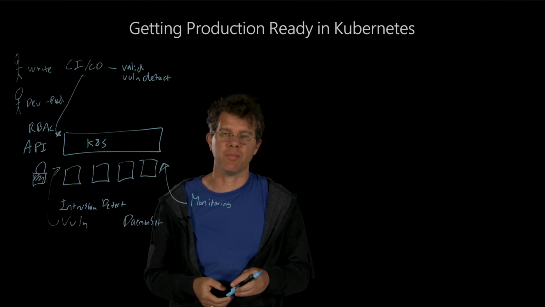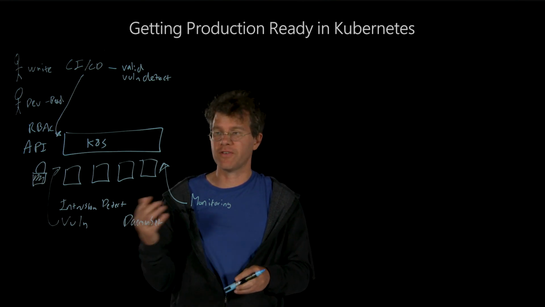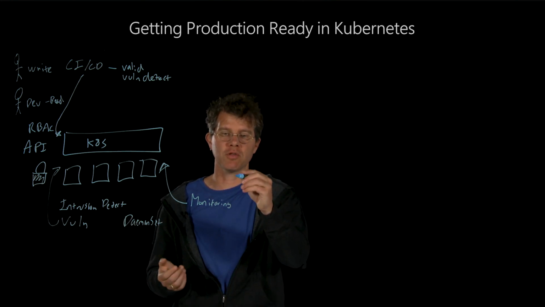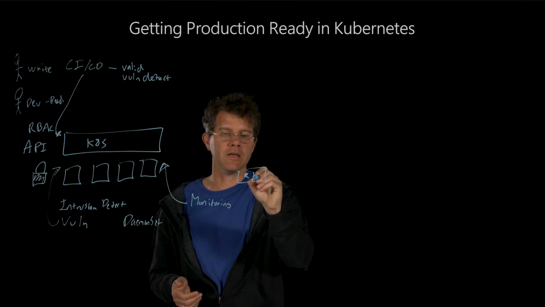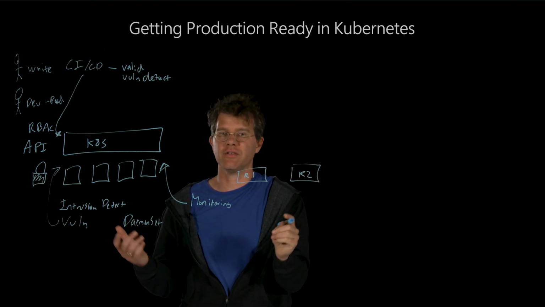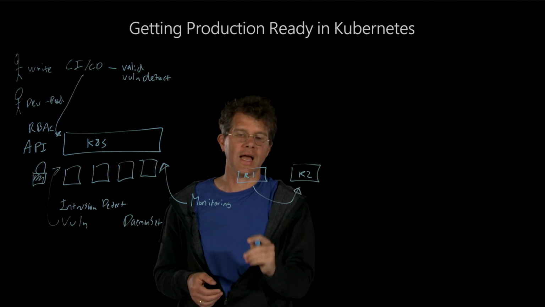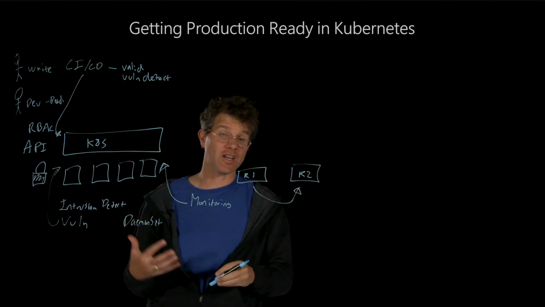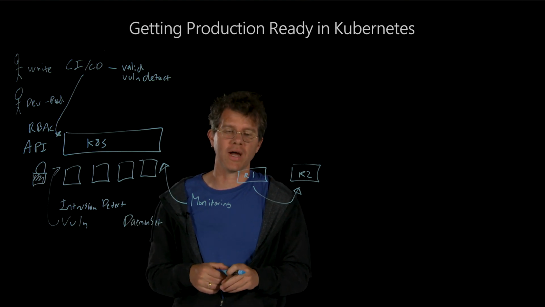Likewise, I would think a lot about testing every single process that you have. So if you're going to fail over, obviously you should probably be in more than one region. So if you have a cluster in region 1 and you have a cluster in region 2, and you're going to fail over in the case of a disaster from region 1 to region 2, you should think about practicing that, making sure you can actually do it, that it's not a theoretical design, but it's actually a practical design that you've practiced.